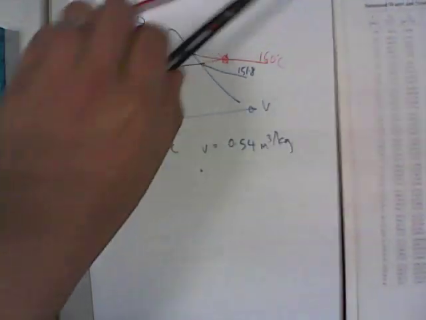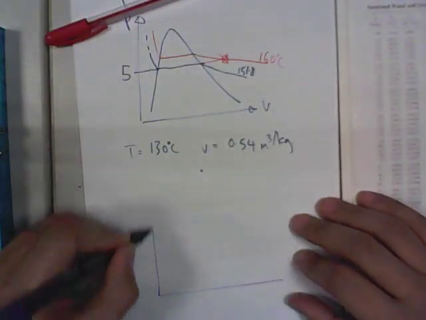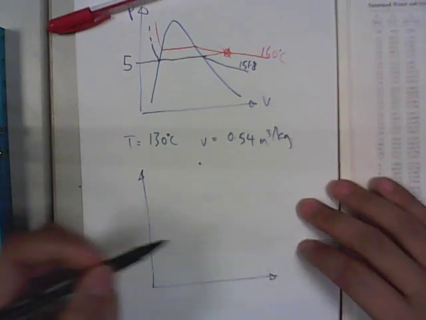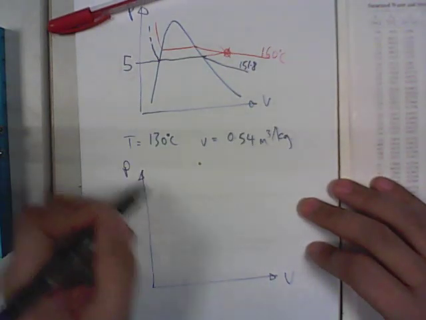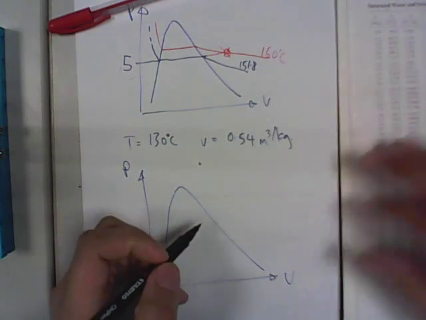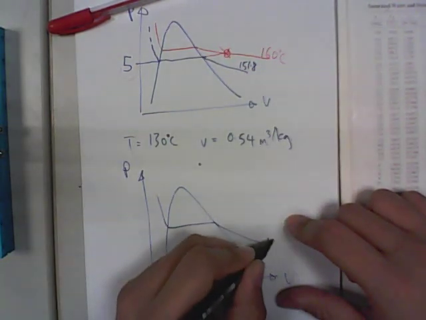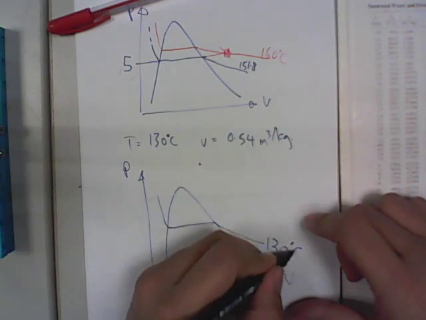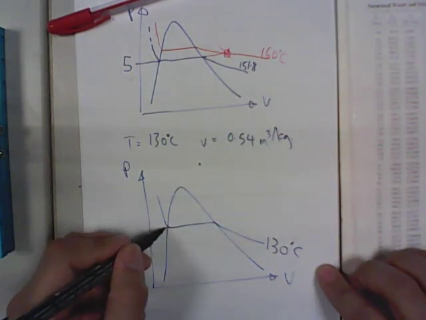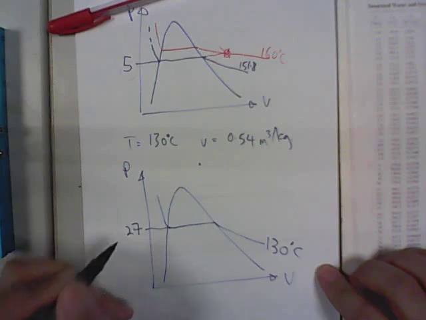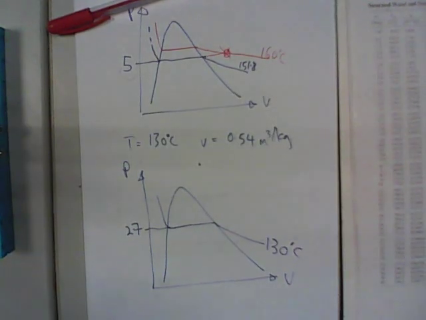So you can imagine your pressure volume diagram, and it is boiling at 130 degrees Celsius. At what pressure is this? 2.7 bar.